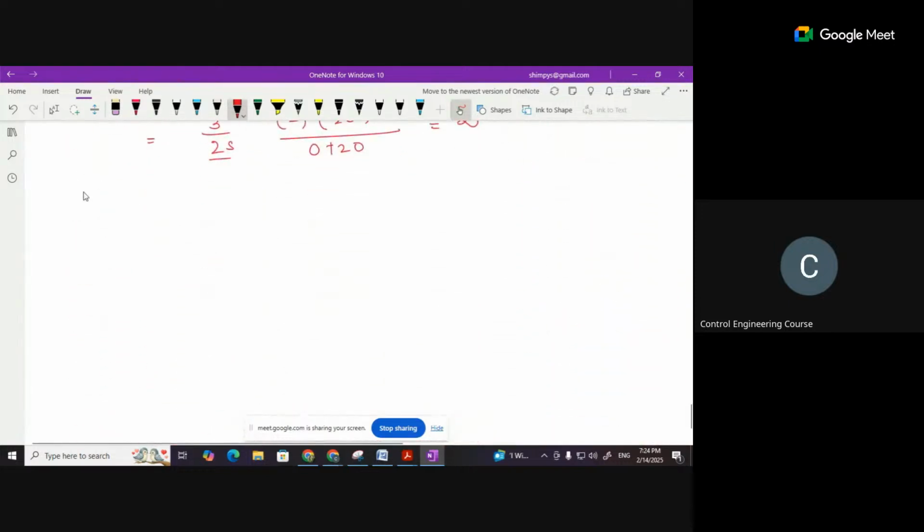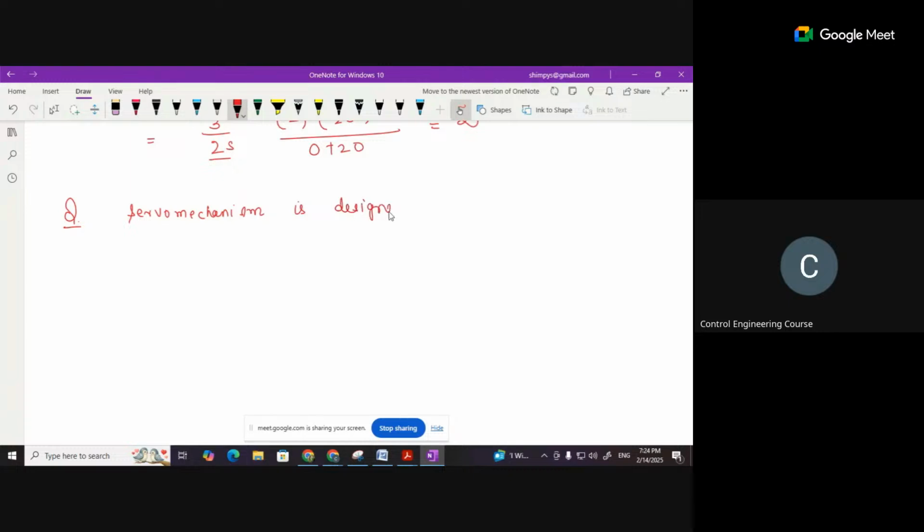Okay. So see, we'll take this example of a servo mechanism. Let me jot it down so you get the things clearly.